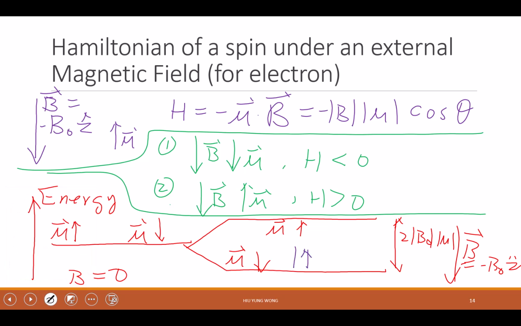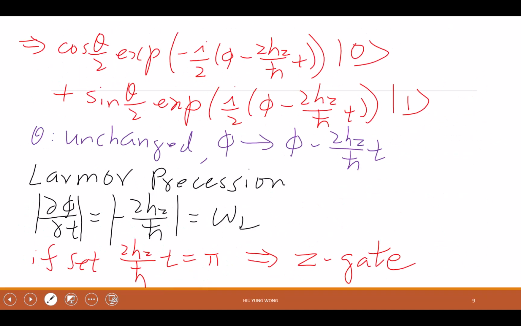So what I want to say here is that the lower energy will be the one that is spin up. Higher energy will be the one that is spin down. When you point the magnetic field down, spin up has a lower energy, spin down has a higher energy. And this is consistent with the Bloch sphere we have been using.